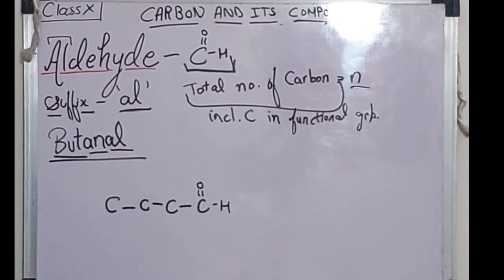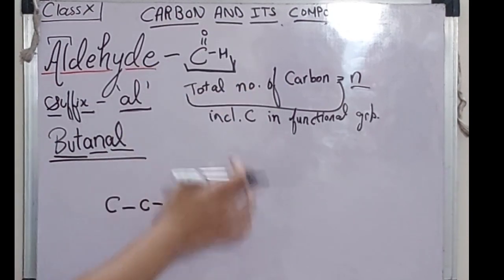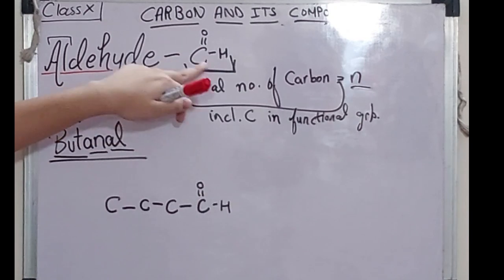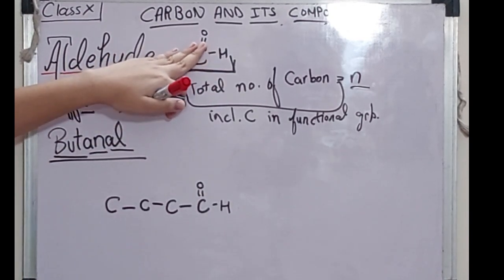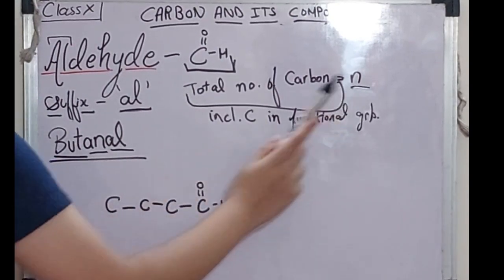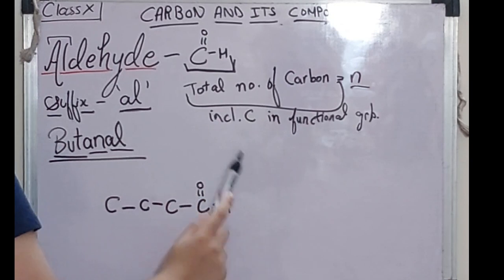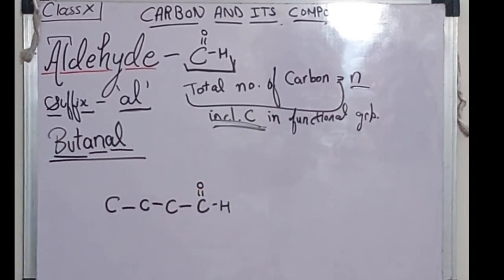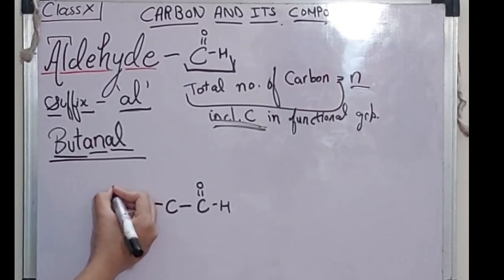You will draw it like this. Okay. Total number of carbon aur phir jo bhi functional group hai, you will add it. To what I can say is ki is C ko aap ek tarah se negligible rakho. Don't consider it if you are getting so much confused. Although it is very clear ki n jo hai, that is the total number of carbon including the carbon in the functional group. Okay, now completing the valency.